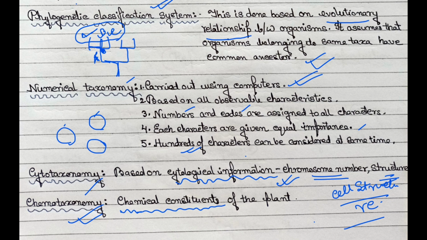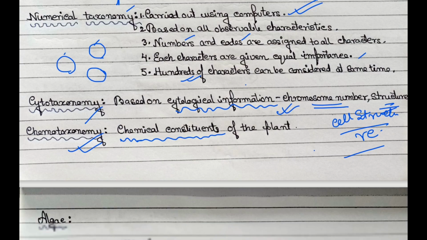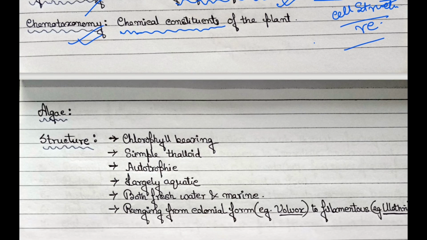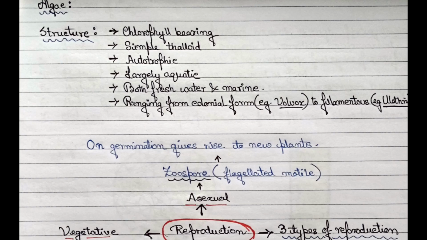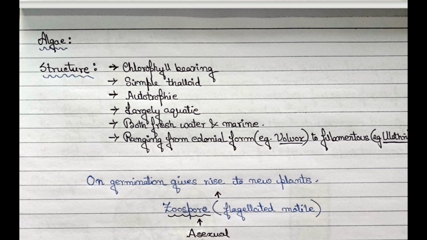So after chemotaxonomy, now we go to the first division under kingdom Plantae, that is algae. What is the first division under kingdom Plantae? It is algae. Okay, so first let's see what are the different divisions under plant.